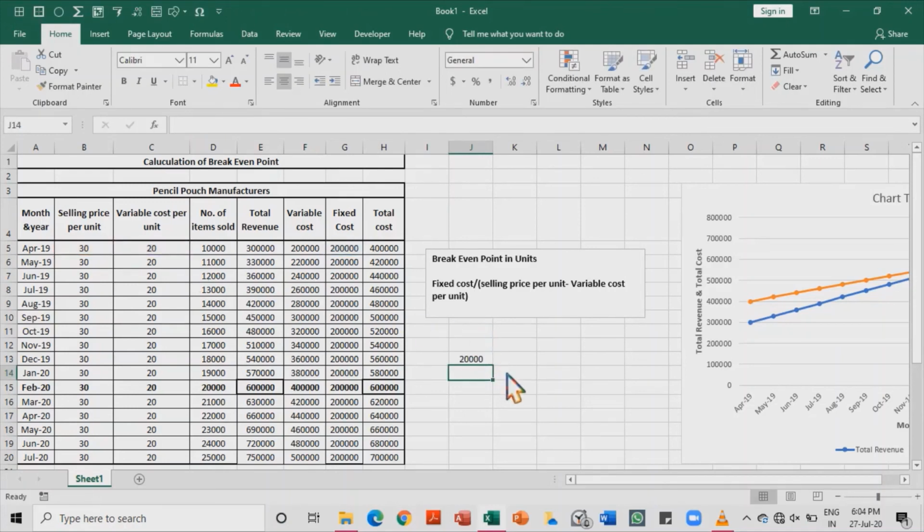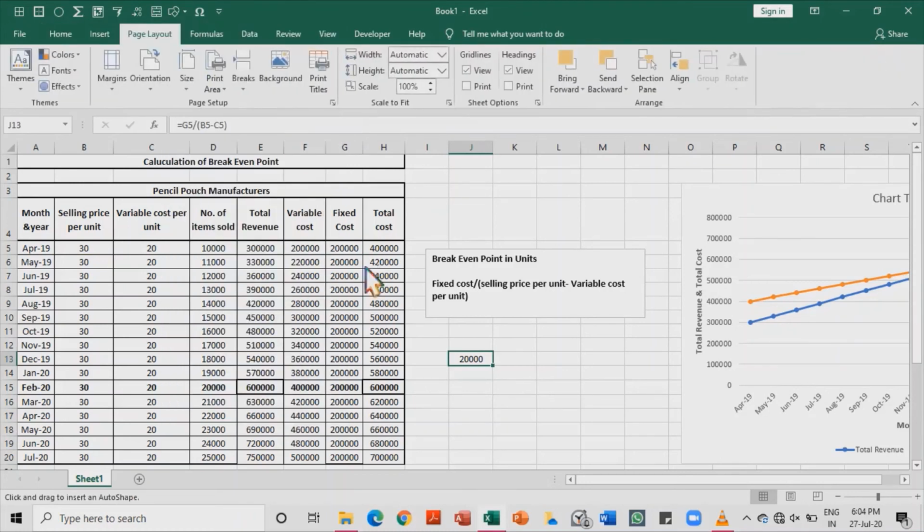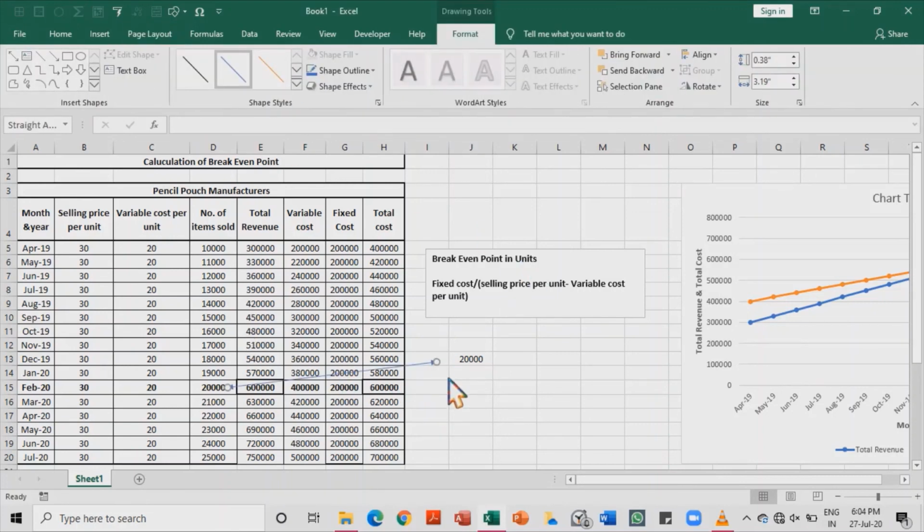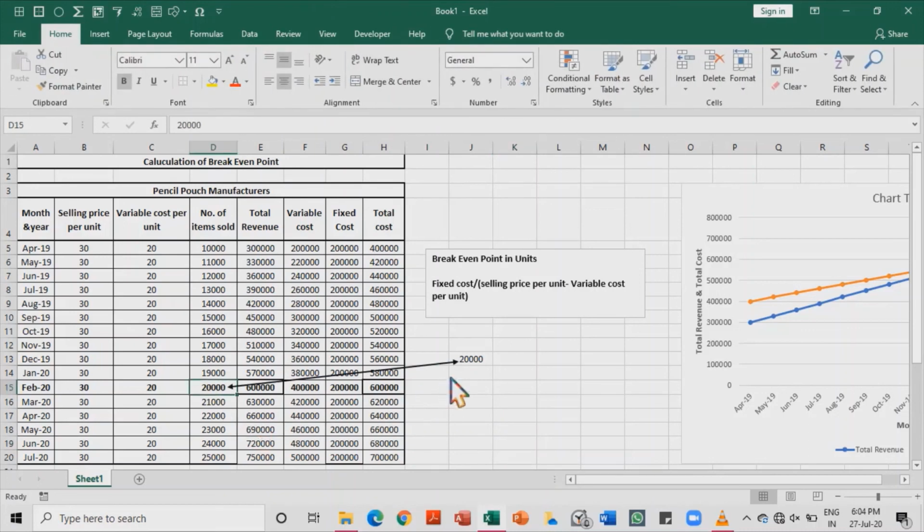Yeah, the result is 20,000, and the number of items sold is also 20,000 when the firm breaks even. It denotes that when the firm produces and sells 20,000 products, the firm will break even. That's the result of the formula.